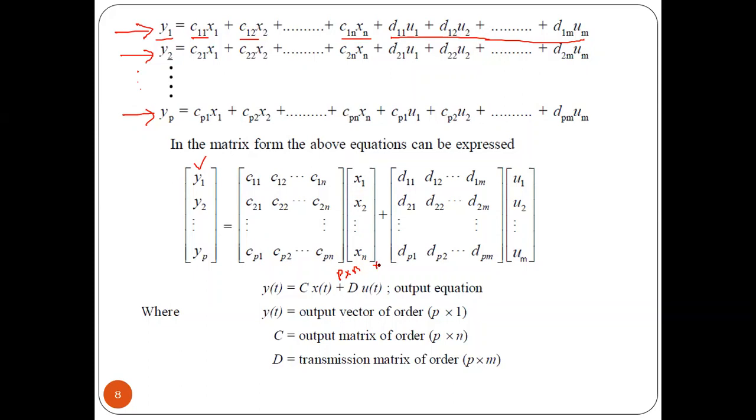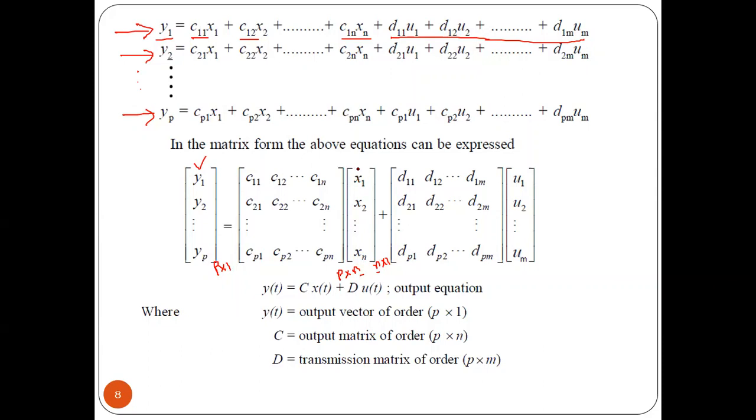Since the state matrix is n by 1, when you multiply them, the multiplication rule of matrices is satisfied. Therefore, the resultant matrix will be P by 1. That is the output size.